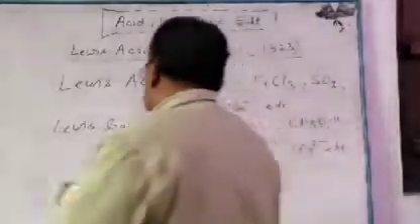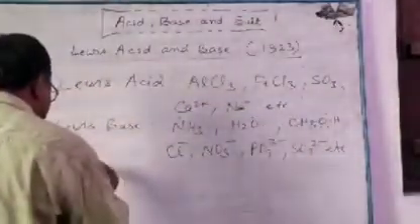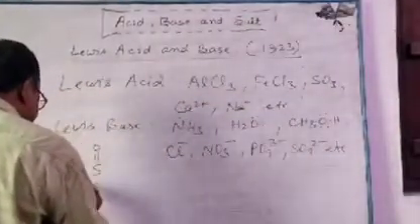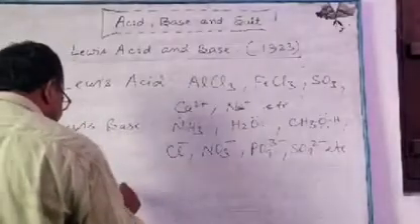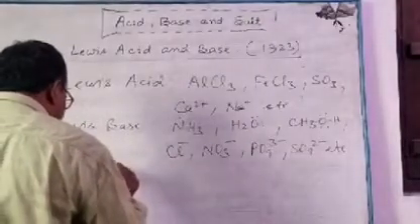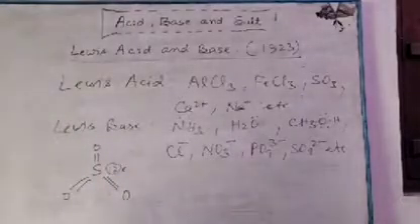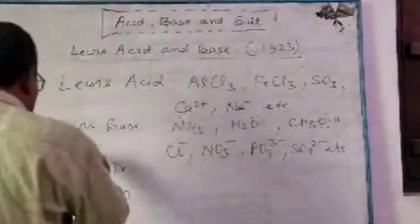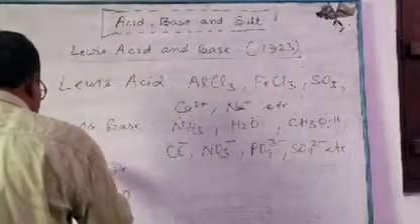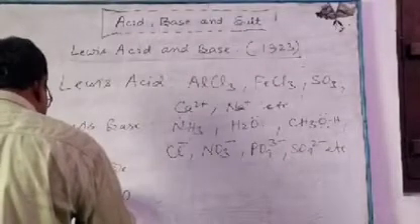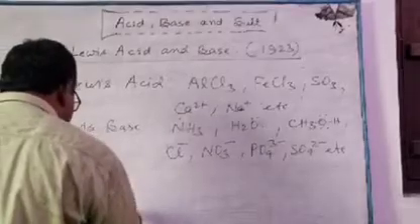If you consider SO3, sulfur trioxide, there are 12 electrons present on sulfur, but it is also electron deficient compound because 3 oxygen atoms continuously withdraw electron from sulfur.